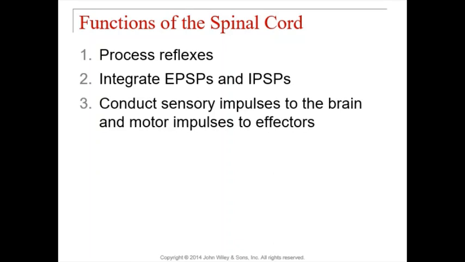Remember, this is when a cell has received an excitatory signal and it's depolarized and gotten closer to threshold. Turns out the spinal cord can help to process some of this information. Same thing for an IPSP. Remember, that's an inhibitory postsynaptic potential. Remember, this is when a cell receives a signal that's inhibiting it, telling it to stop doing something.